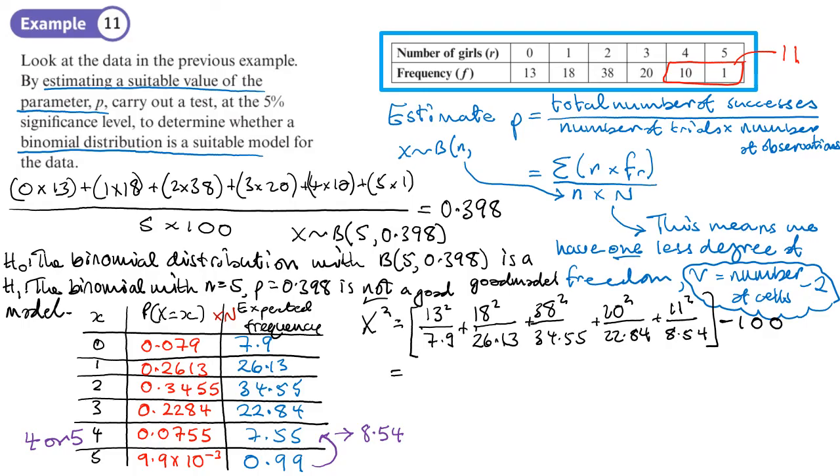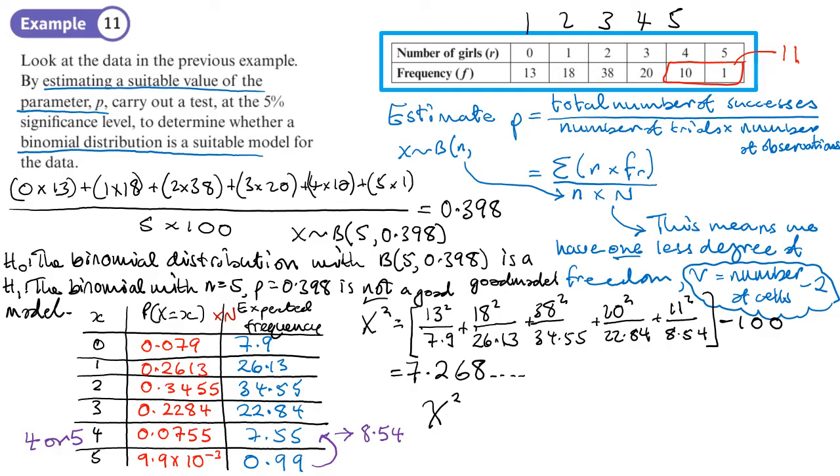So this time I get 7.268. It carries on, there's a 1 after that. So this time when we look up chi-squared, the number of degrees of freedom, the number of cells after combining was 1, 2, 3, 4, 5.